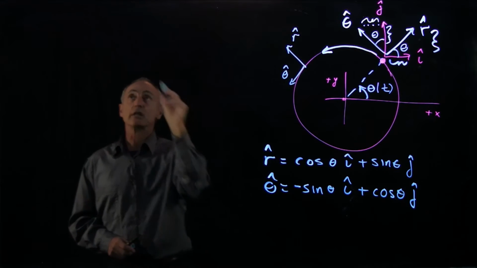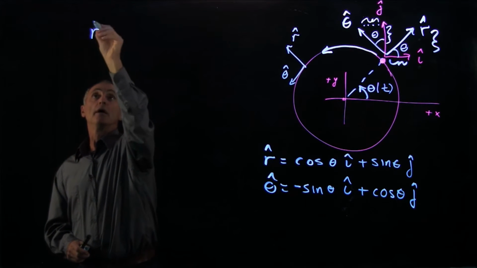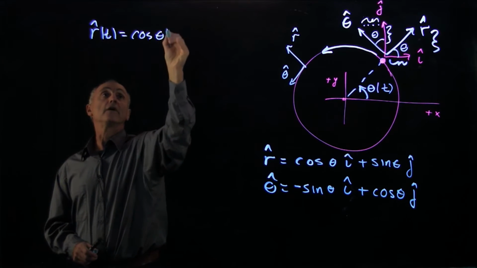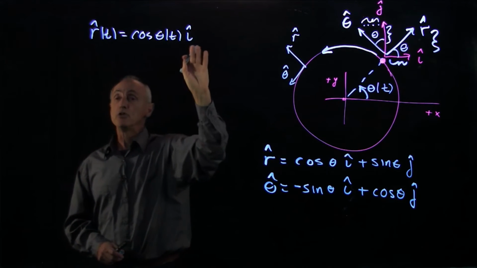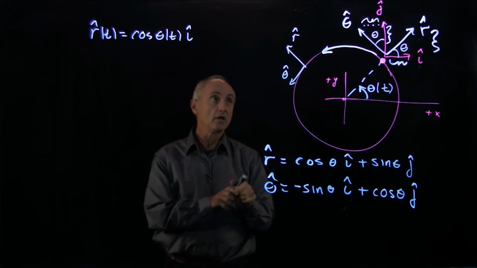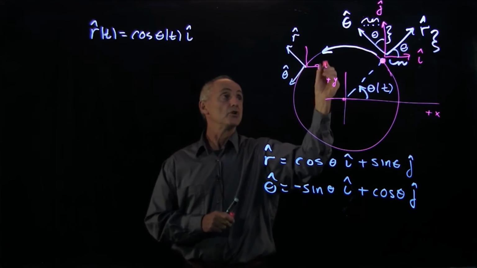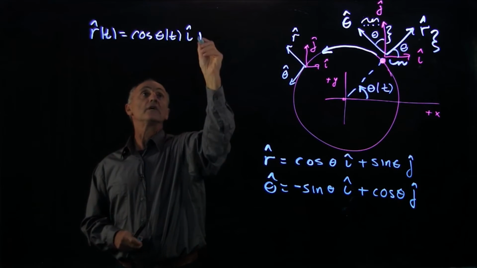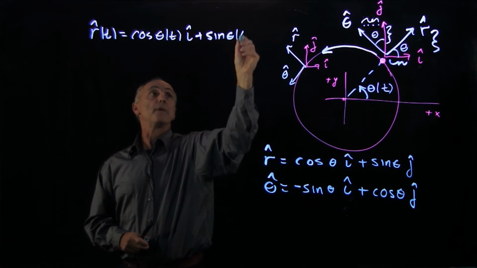So what we actually have as functions of time is r hat of t equals cosine theta of t i hat plus sine theta of t j hat. Now, the unit vectors don't change in Cartesian coordinates. At every single point, you have the same Cartesian unit vectors. And so this vector is time dependent.